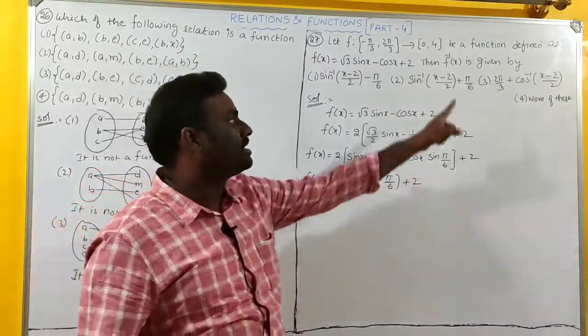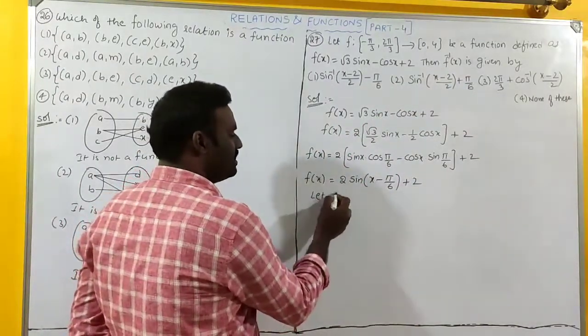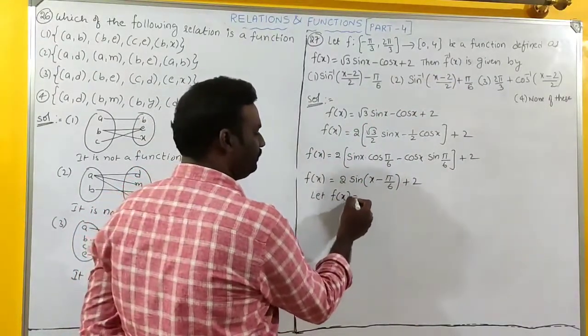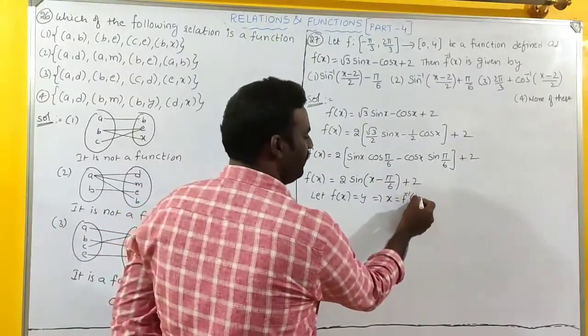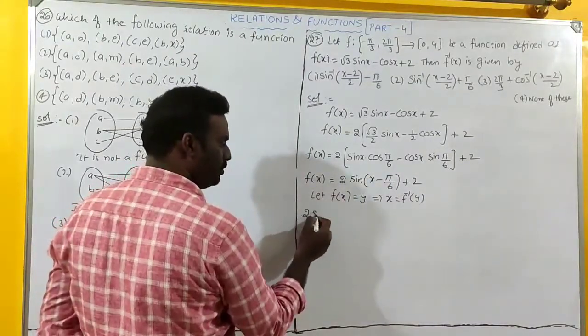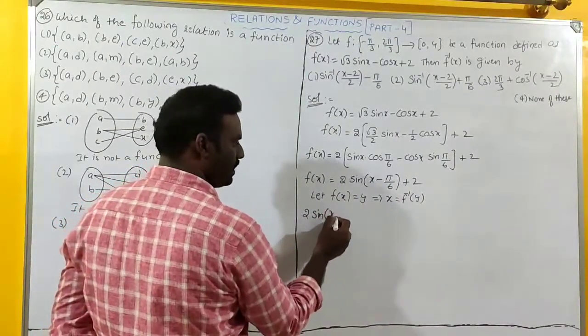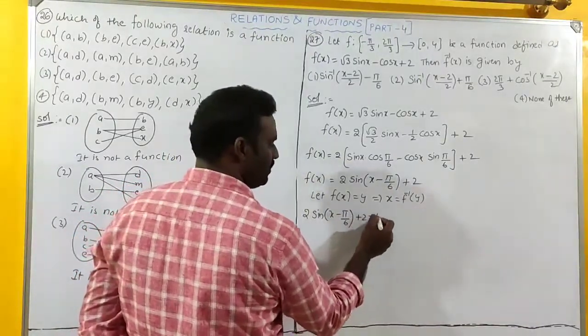But in the question they asked to find f inverse x. Let f of x be equal to y. That implies x is equal to f inverse of y. What is f of x? 2 sin x minus pi by 6 plus 2 is equal to y.